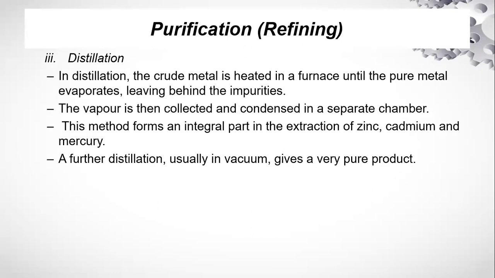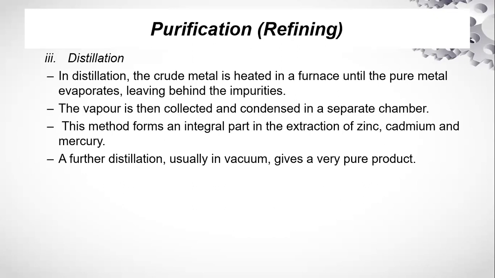The other purification way is distillation. In distillation, the crude metal is heated in a furnace until the pure metal evaporates, leaving behind the impurities. So the pure metal is obtained by heating a crude metal within this furnace, whereby the pure metal is evaporated, leaving the impurities behind.